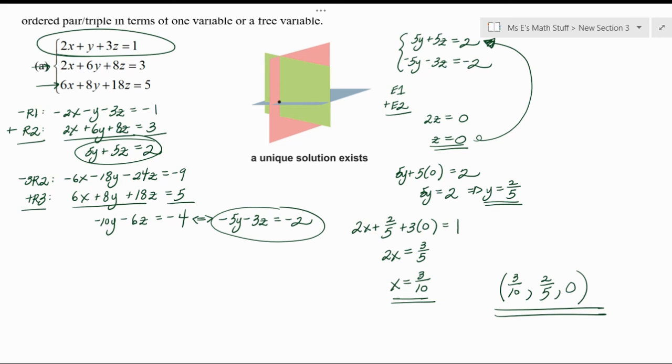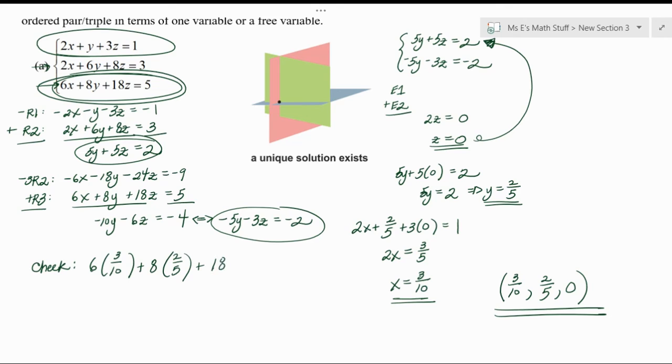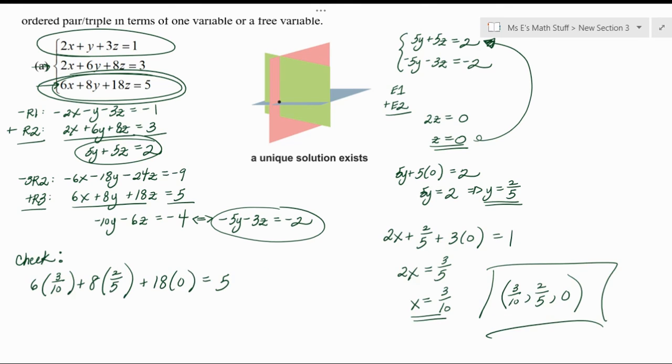There we go. If you ever get the heebie-jeebies, you could always check your answer in one or all of the equations. I'm going to check it in row 3 here. I wouldn't use row 1 because that's where I got the last answer. So we'd have 6 times 3/10 plus 8 times 2/5 plus 18 times 0, and it's supposed to equal 5. 6 times 3/10 is 9/5. 8 times 2/5 is 16/5. 18 times 0 is just 0.